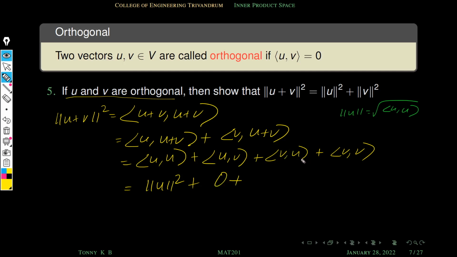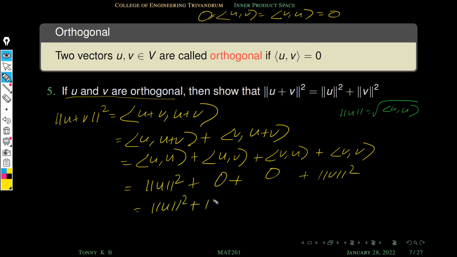Then what about the inner product of v,u? That is another property of the inner product. We know the inner product of u,v is the same as the inner product of v,u, and this is equal to 0, so this term is also 0. Then similar to this one, this is actually norm v square. So this is equal to norm u square plus norm v square. That's our result, and it's proved.